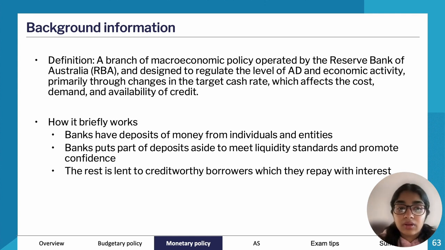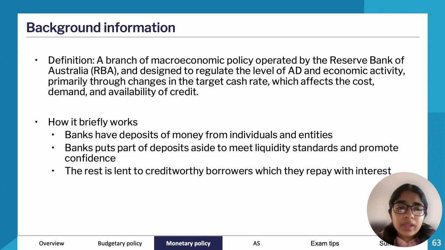So their main goal is to keep inflation stable. And the way they do that is they change the target cash rate, and this affects your cost, it affects the demand, and it affects the availability of credit, so availability of money to borrow.